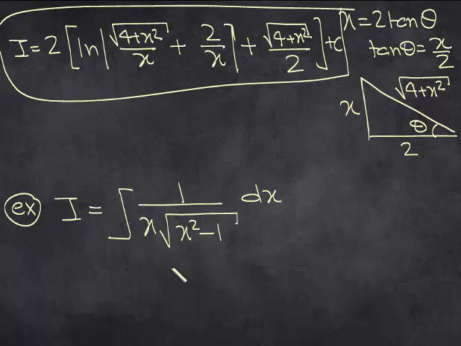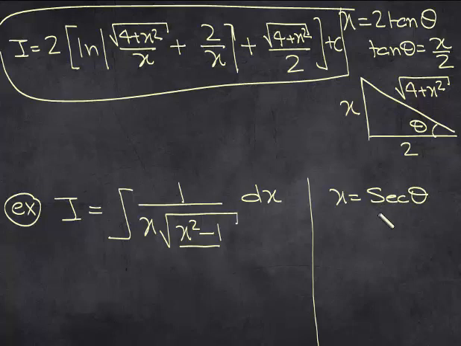So we get I is 1 over x, which is secant theta, times the square root of secant squared theta minus 1 times dx. So let's find the differential. dx is equal to secant theta tangent theta, because the derivative of secant is that, times d theta.